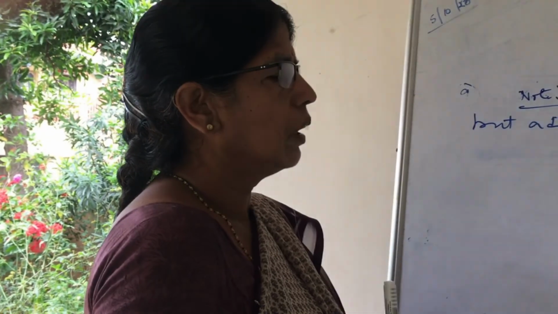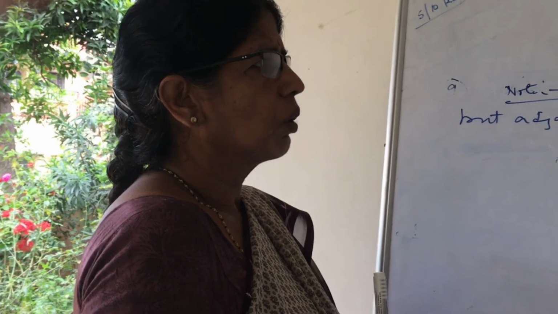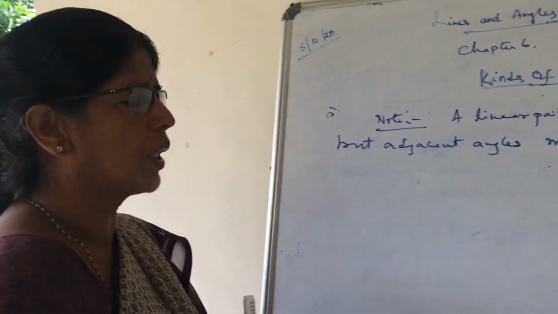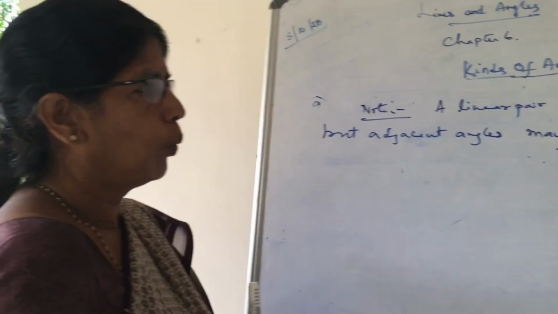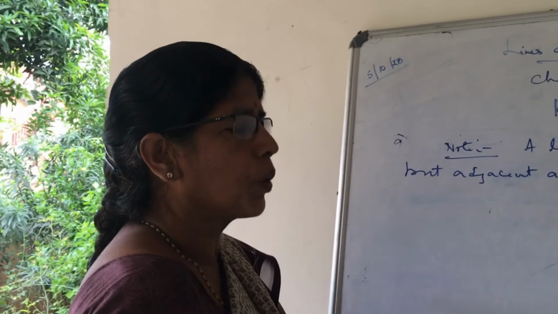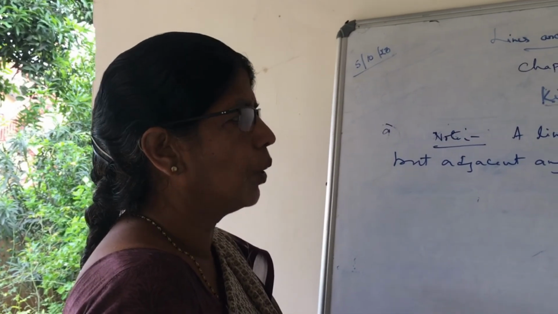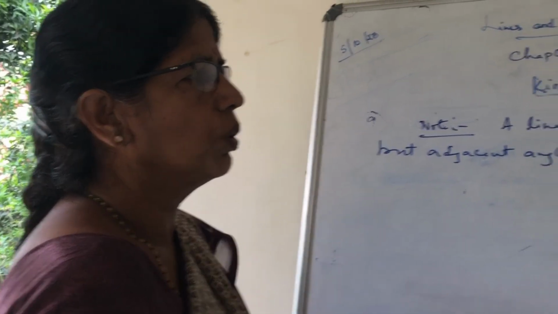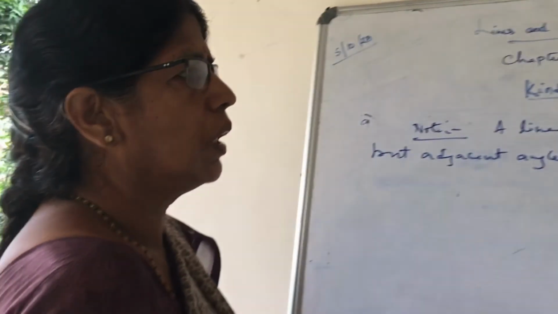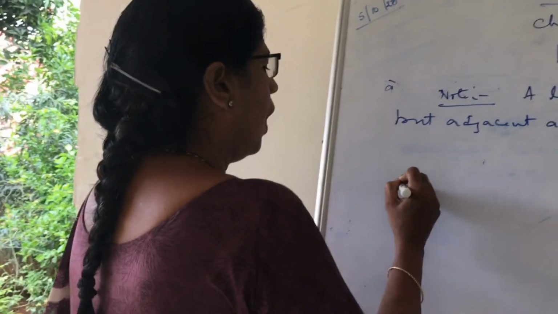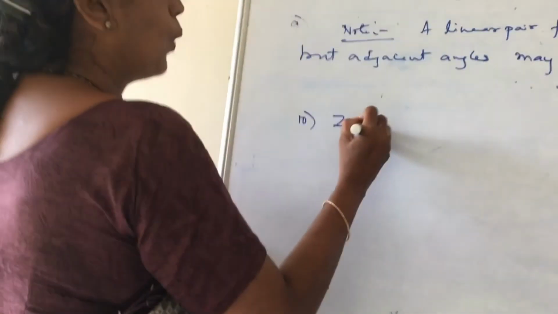Complete angle. Do you know what is a complete angle? The measure is 360 degrees. Straight angle 180, right angle 90 degrees. Acute between 0 and 90. Obtuse between 90 and 180. Reflex angle between 180 and 360, and we have a zero angle.